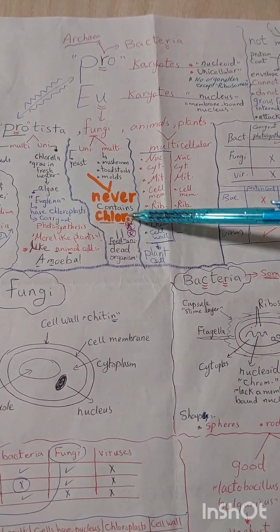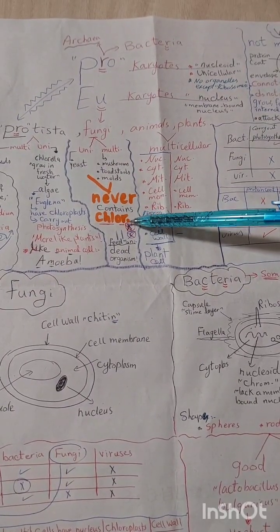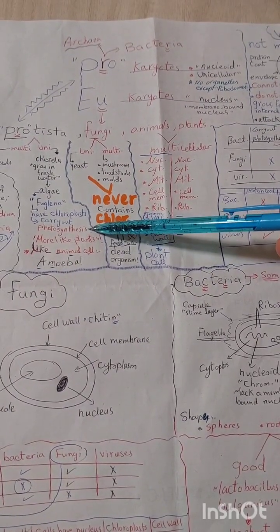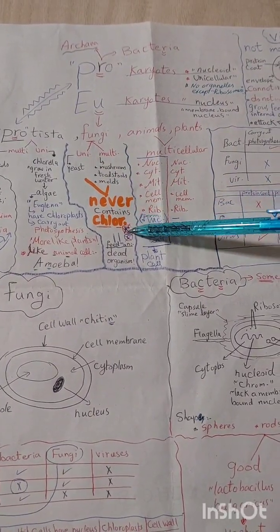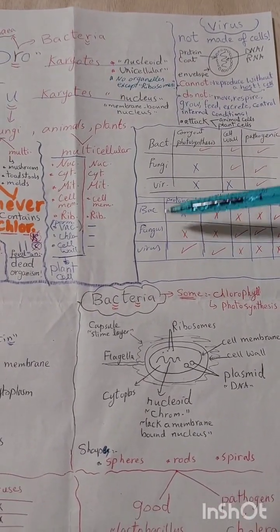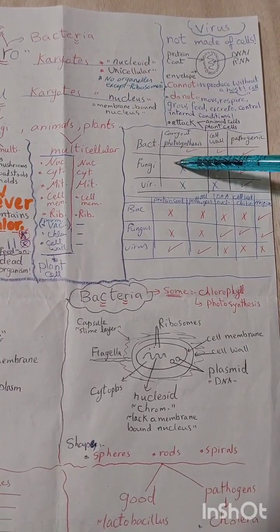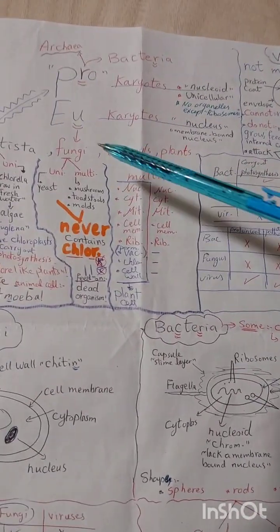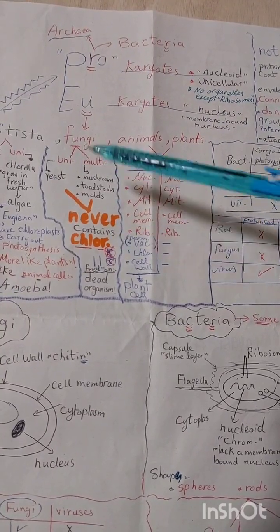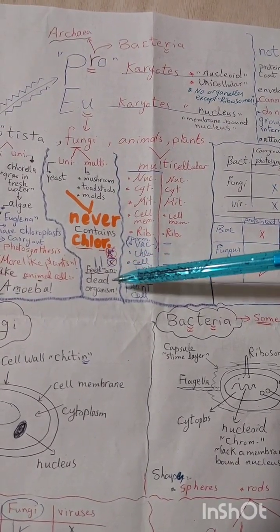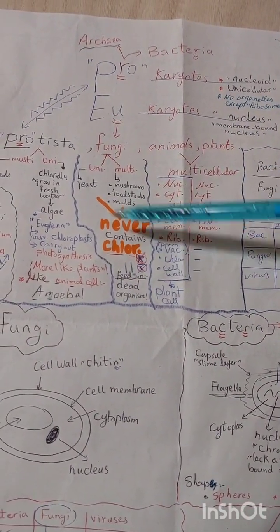And when you hear chloroplast or chlorophyll, you should think about photosynthesis. And because fungi never contain chloroplast, if you see in the exam, can fungi carry out photosynthesis? No, because fungi and chloroplast are not friends. Fungi feed on dead organisms. So I think it's very easy also.